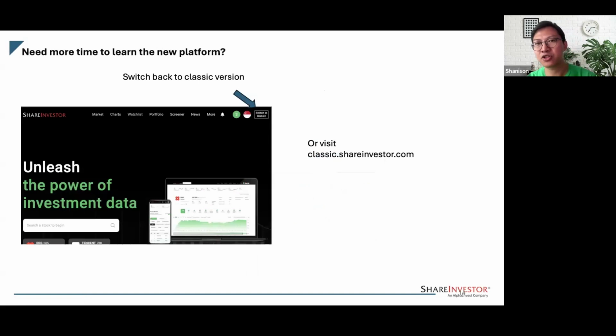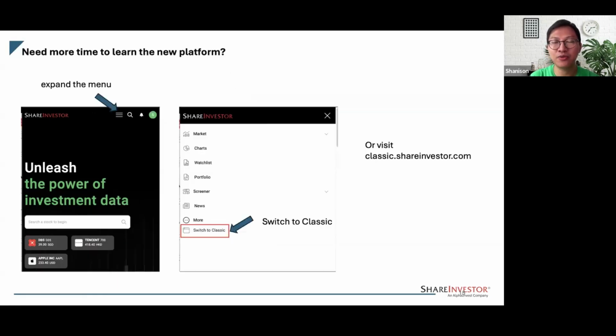I know that some members need a bit more time to learn the new platform and want to switch back to the classic version, especially when the market is moving and they need to quickly find information. This is how you do it. Go to the existing shareinvestor.com, and on the top right corner you will see switch to classic. You can click on that, or go directly to classic.shareinvestor.com.